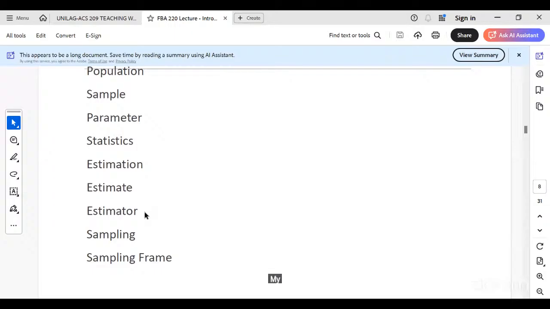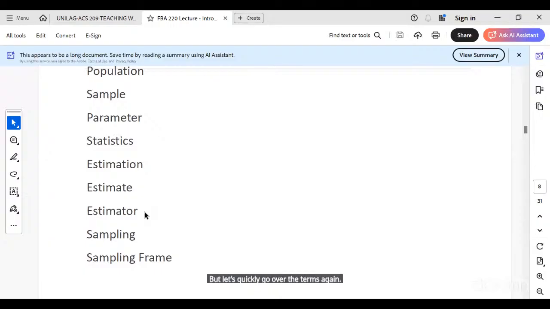That list is a frame because I can use it for sampling. So any list or map or any other acceptable material from which I can select my sample is a sampling frame. Now let's quickly go over the terms again.